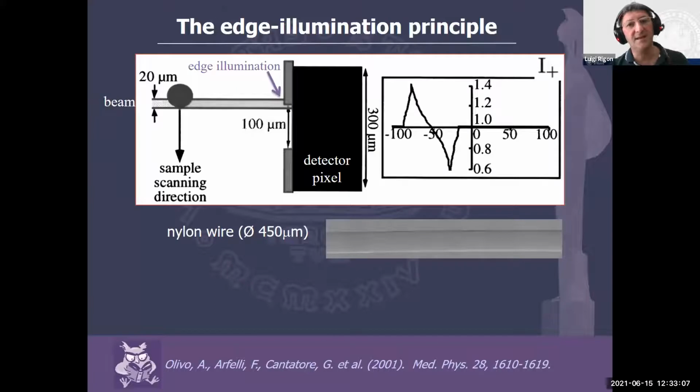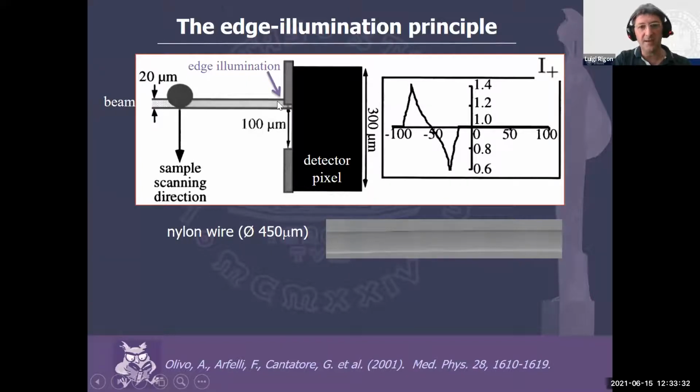And the idea is the following. You have a very thin beam that hits your detector at the very edge. So this is why edge illumination. You hit the detector at the very edge, and if the edge of the pixel is not sharp enough, you put a mask in front of it in order to have a sharp edge here.